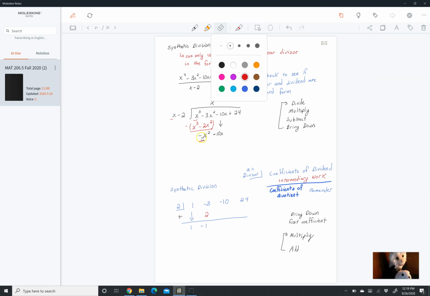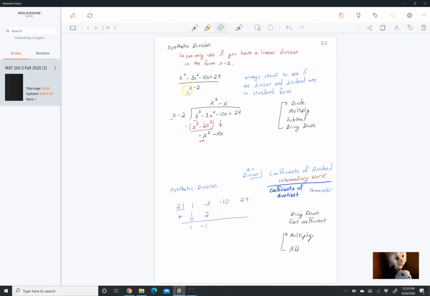X goes into -x squared, -x times. Notice once again, the coefficient here matches the coefficient down here, okay? So we're using this coefficient to multiply.